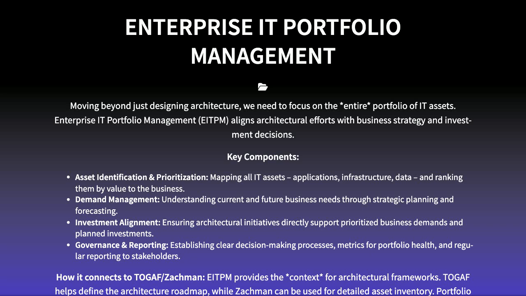This is where demand management comes in. Then, we align architectural projects directly with those prioritized demands and planned investments. And finally, we establish clear governance processes and reporting to ensure everything's on track. Essentially, ITPM gives architecture a purpose. It's not just about designing, it's about ensuring our IT investments are actually driving business value, tying in seamlessly with frameworks like TOGAF and Zachman.